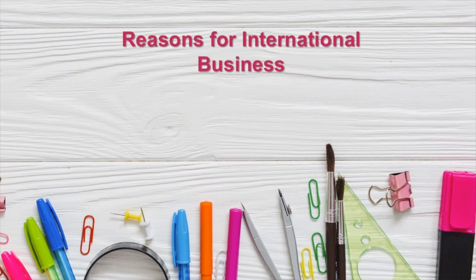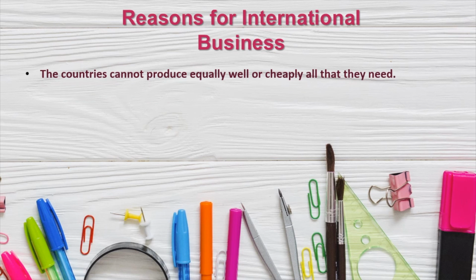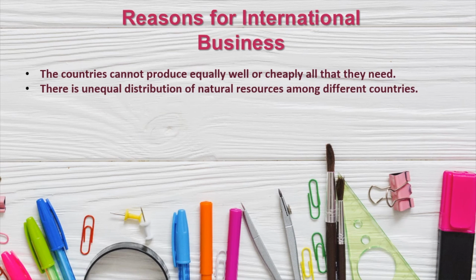Now let's talk about what can be the reasons people opt for international business. So the main reasons for international business are: the first point, countries cannot produce equally well or cheaply all that they need. Second, of course, there is an unequal distribution of natural resources among the different countries.